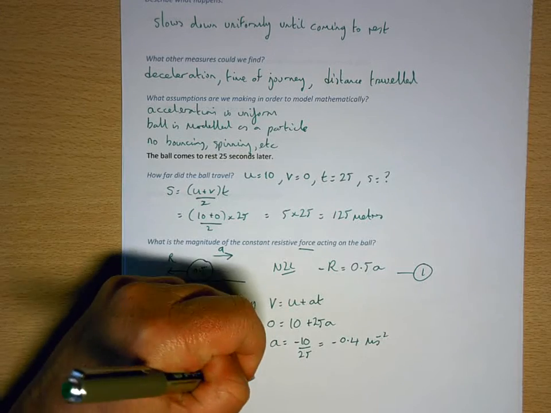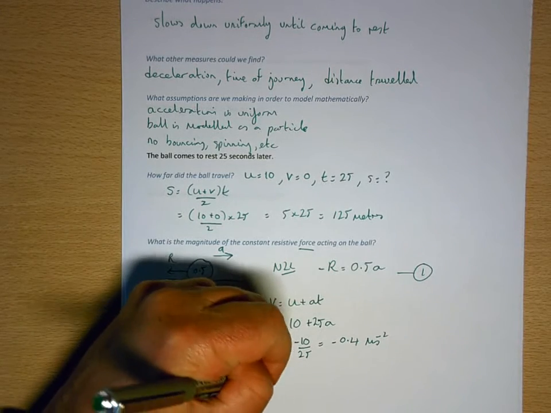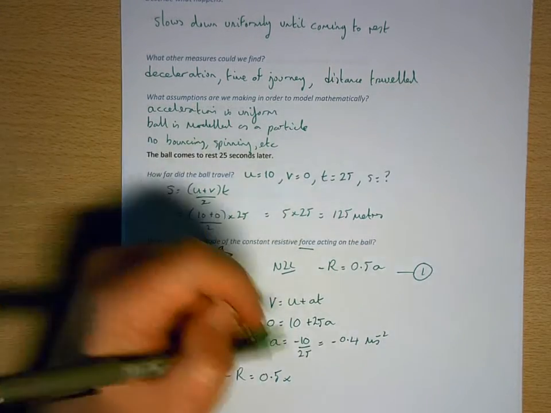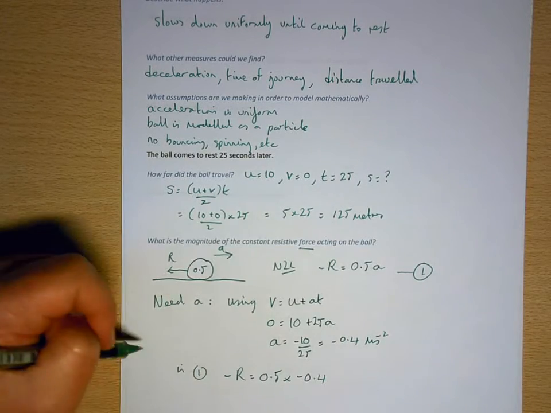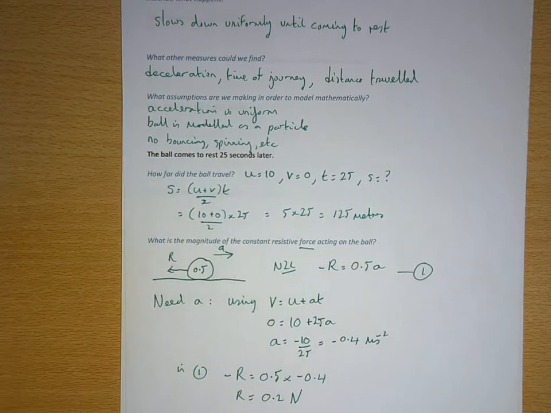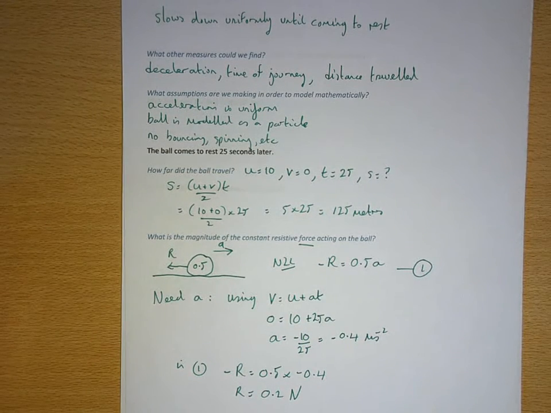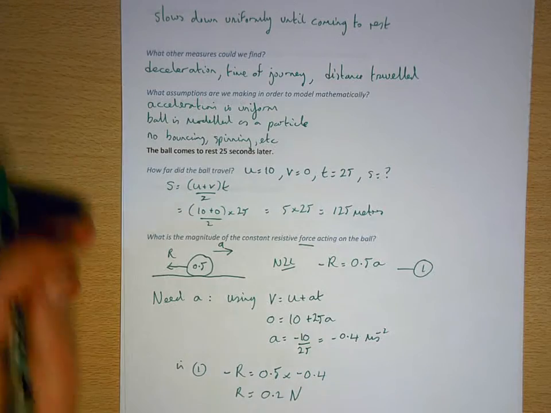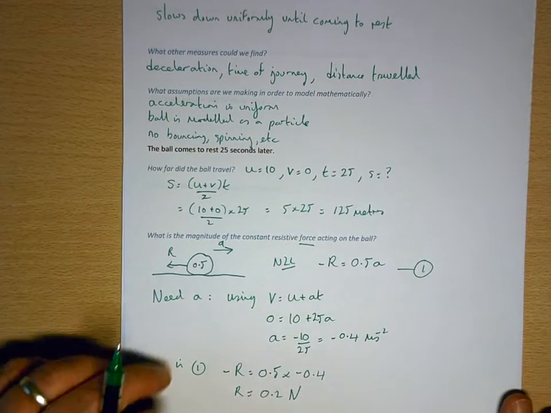And I get minus r equals 0.5 times minus 0.4, which means r works out to be the resistive force of 0.2 newtons. So that's all AS work.